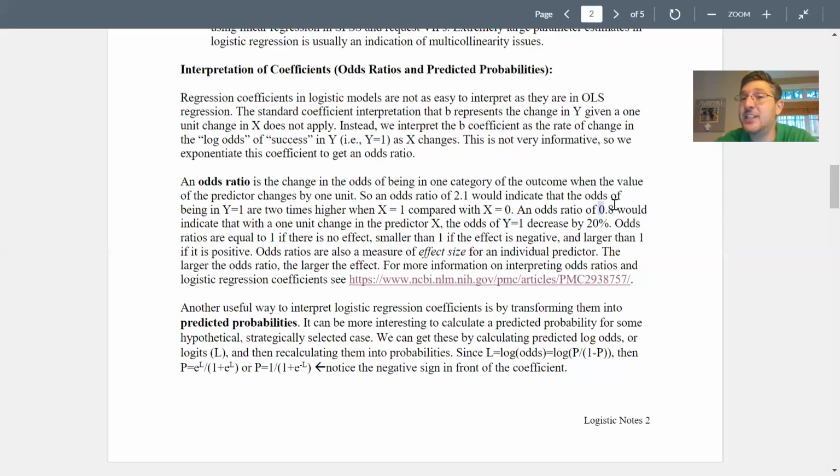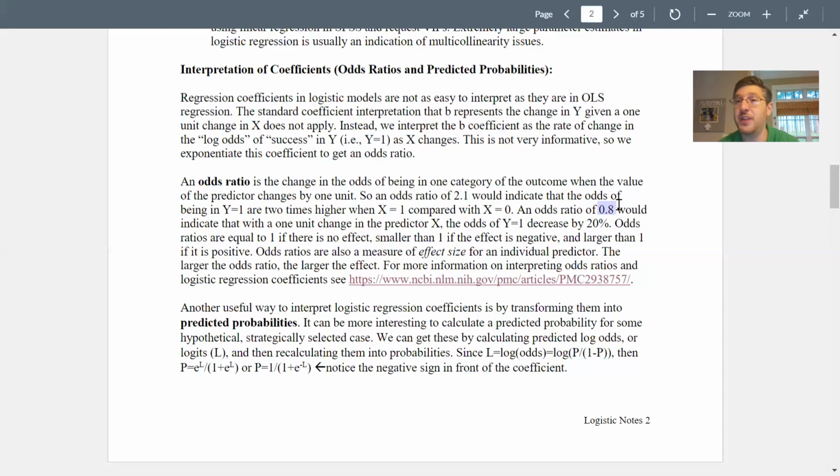Sometimes, if you have an odds ratio less than 1, it's easier to take the inverse of the odds ratio and flip your comparison group, especially if your indicator variable is categorical.